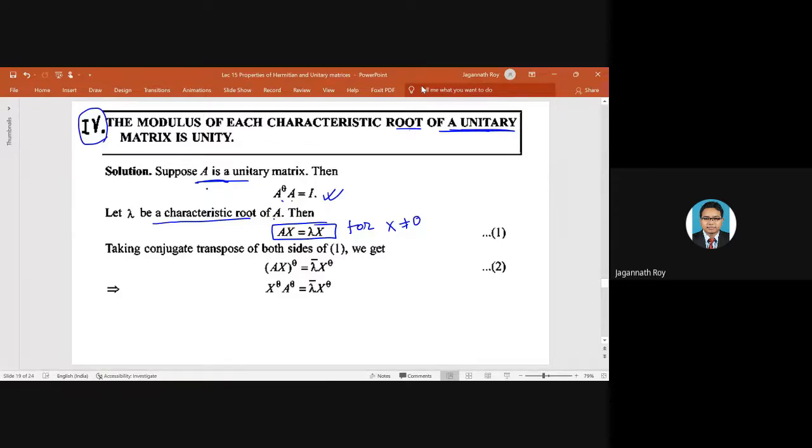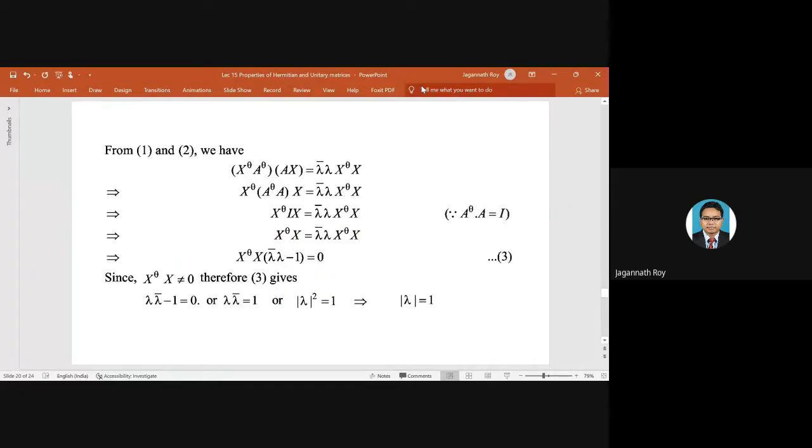Then you take the conjugate transpose on both sides. So if you take this, it will give you this relation. Now if you multiply with Ax on both sides, then we will get this relation.